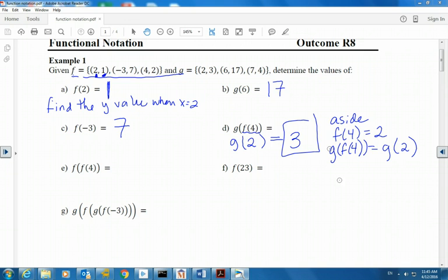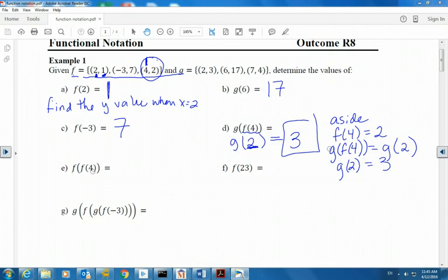And then g of 2 is equal to 3. How did I get this 2? F of 4, I looked up right here. So that's my f of 4. I looked for the x value of 4 in my function f, and that has a y value of 2. So that's why f of 4 is equal to 2.